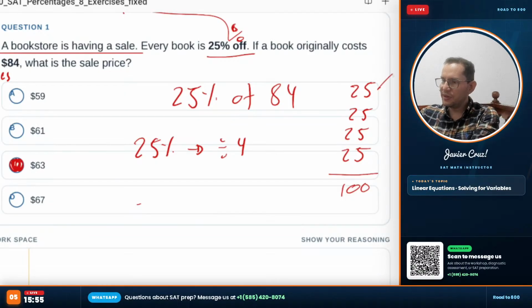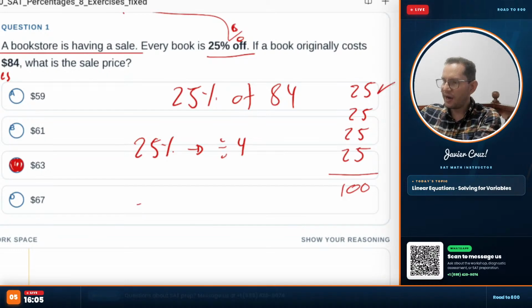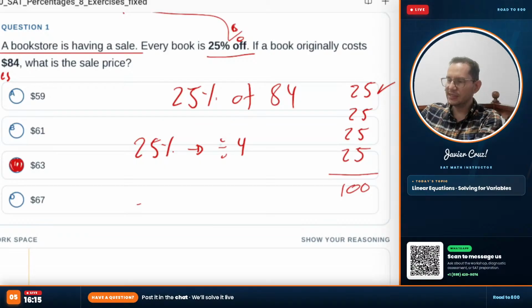So if we add 25 four times, that's 100, which means 100%. So 25 is 1/4 of all of those, right? So the conclusion here is that 25% is the same as dividing by 4. So we need to find 25% of 84.